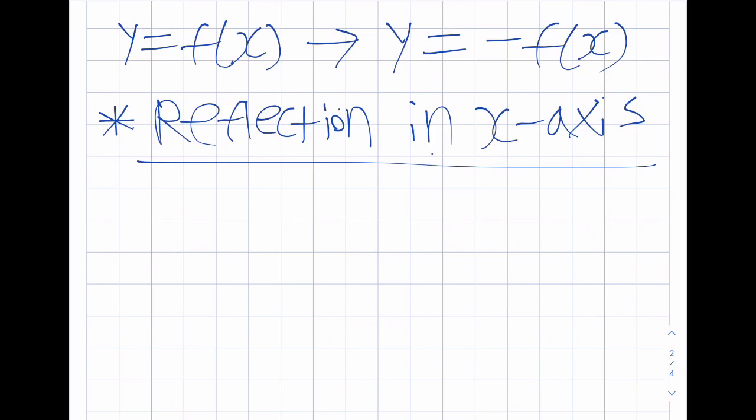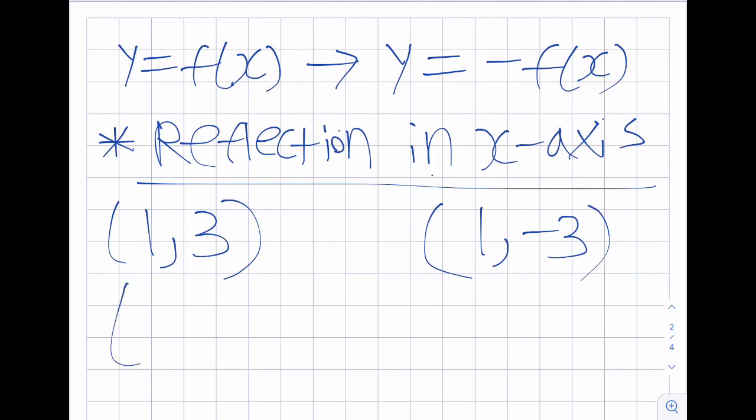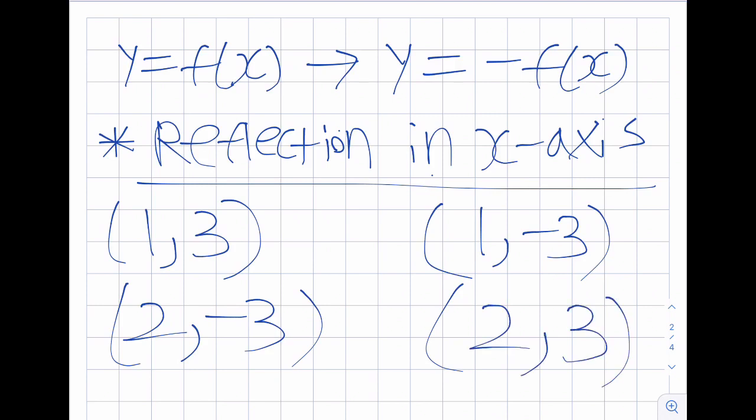So for example, if the point (1, 3) is on f of x, the corresponding point on the graph of negative f of x will be (1, negative 3). And if there's a point (2, negative 3), the corresponding point here will be (2, 3). So we just add negative signs to the y values of y equals f of x.